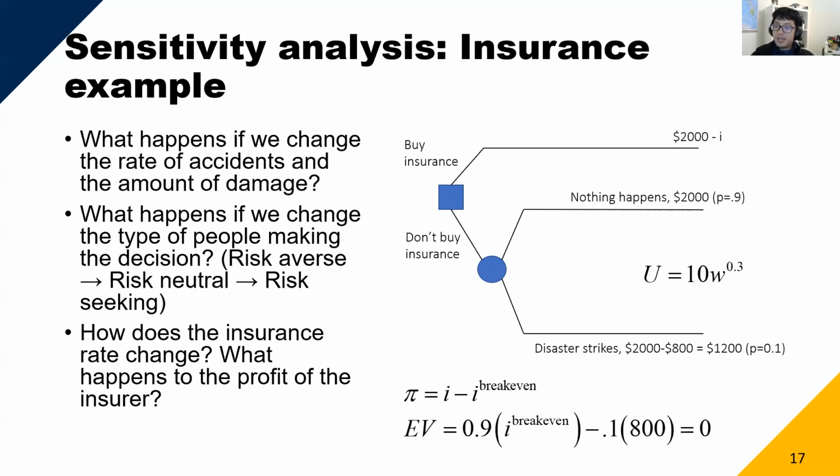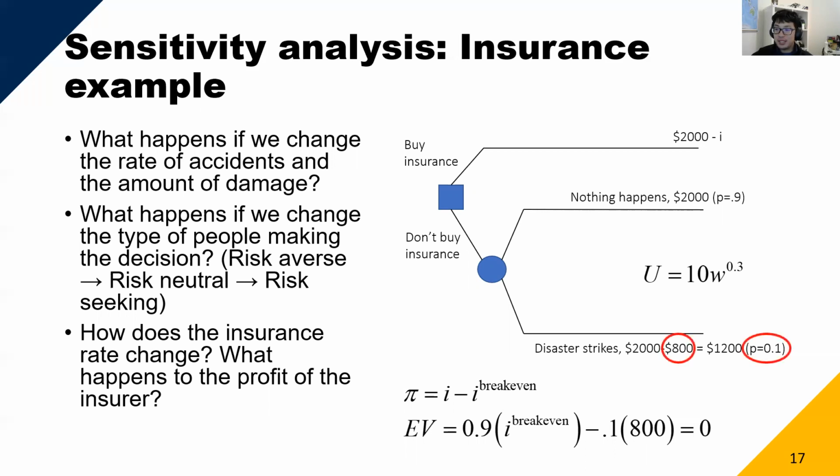So what would happen if we changed the type of people who were making the decision, maybe from someone who's risk averse to risk neutral to risk seeking? And then how does the rate of the insurance change? And what happens to the profit of the insurer?